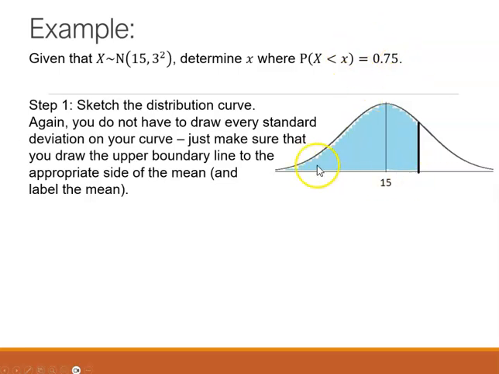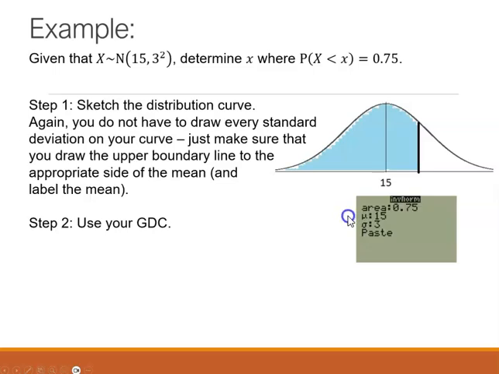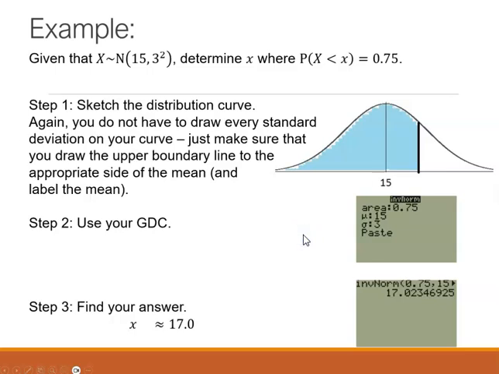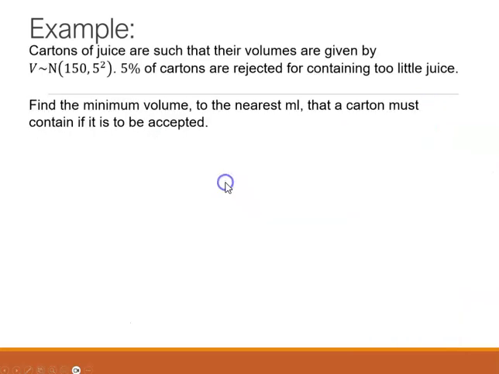I just need to make sure it's on basically the correct side of the mean. Go to my calculator, 0.75, 15, 3. Boom, about 17 should be my measurement for x, which seems about right.